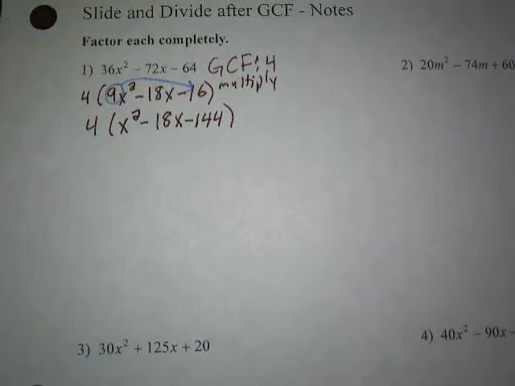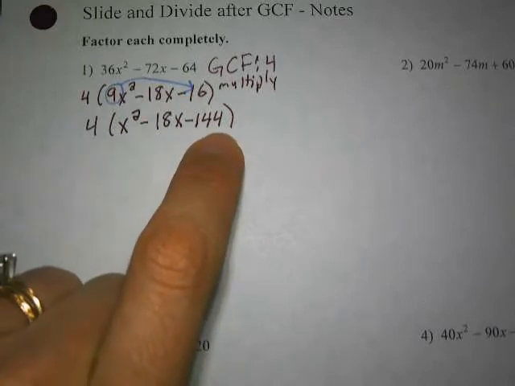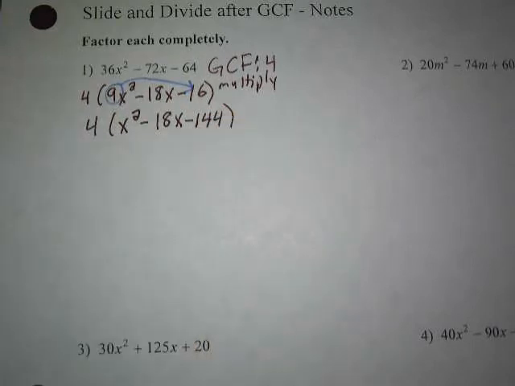This lesson in particular, we start getting pretty big numbers as our C term. So finding the factors that multiply to the C term and add to negative 18 does start to take a little bit more time, and I am not going to break down those steps for you.